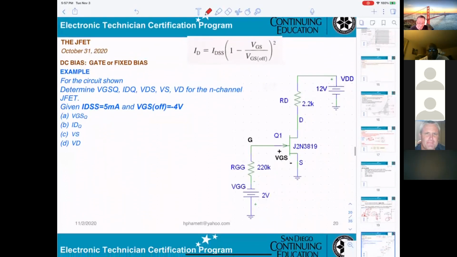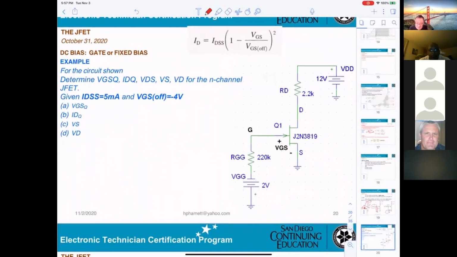And now, let's see. This circuitry is a fixed bias. VDD is 12 volt. VGG is minus 2 volt. For the circuit they want to know VGS Q. What does that mean?